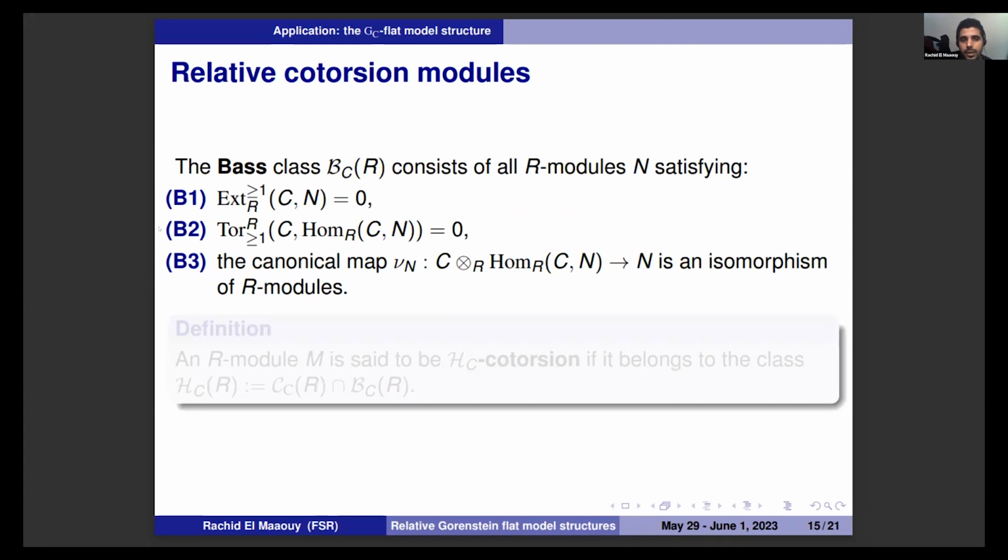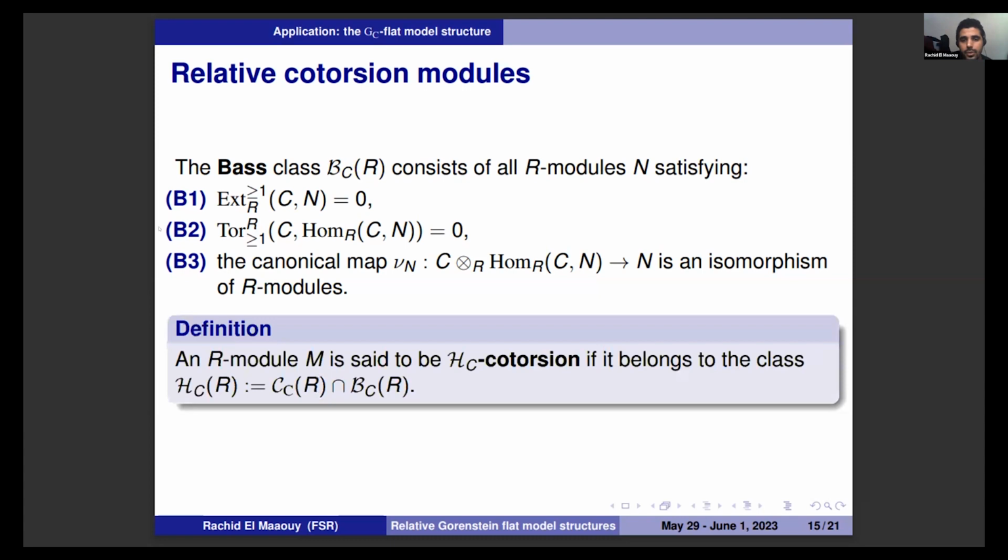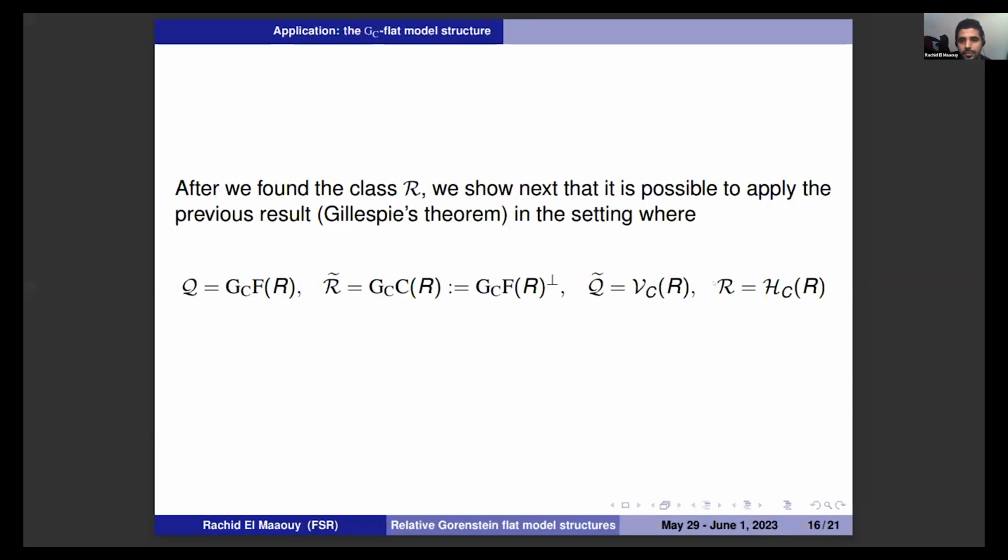With this class and the previous one, we define a new cotorsion module, called relative cotorsion module, if it belongs to the intersection of the following classes. So now we can see that we have the class R well identified, and we can apply the previous theorem of GSP in order to get our model structure.